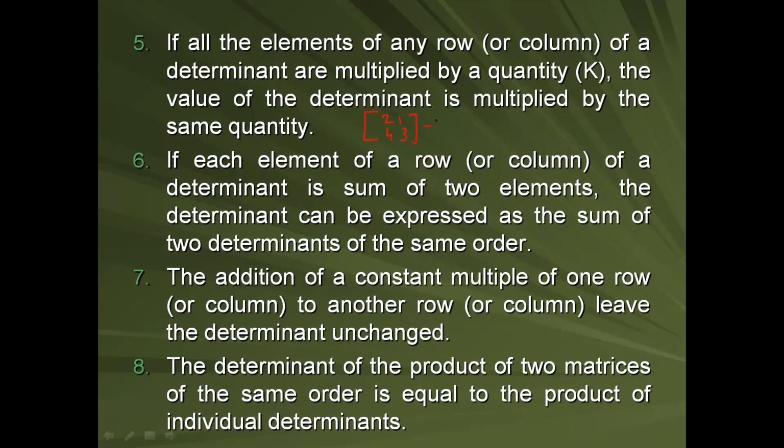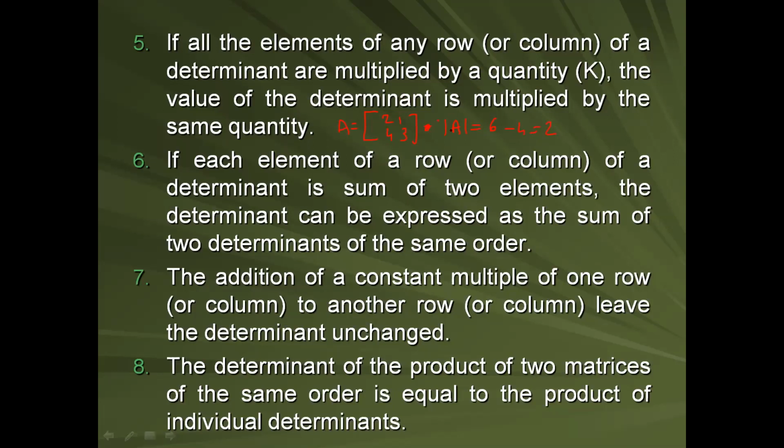What is determinant for this? If this is matrix A, then mod A becomes 2 3s are 6 minus 4 1s are 4 is equal to 2. Now I'm multiplying by k.